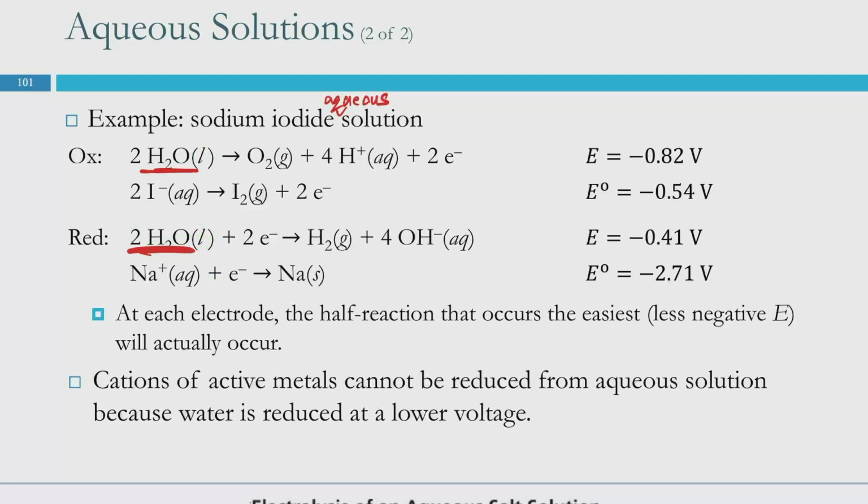We also have our salt. So we've got our sodium iodide, we've got both of our ions. Those can also undergo oxidation or reduction. So this is why it's a little bit more tricky than molten salts. We have to consider which is going to undergo oxidation or reduction. Is it going to be our water, or is it going to be our cation or anion?